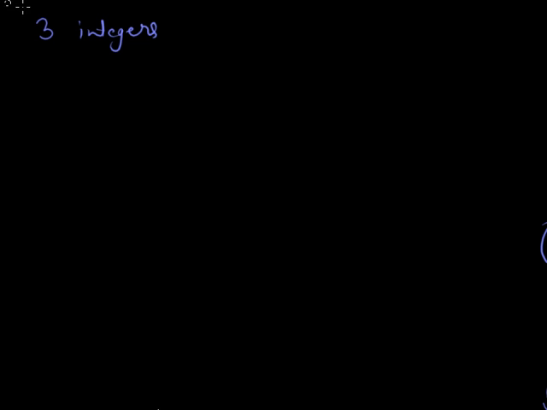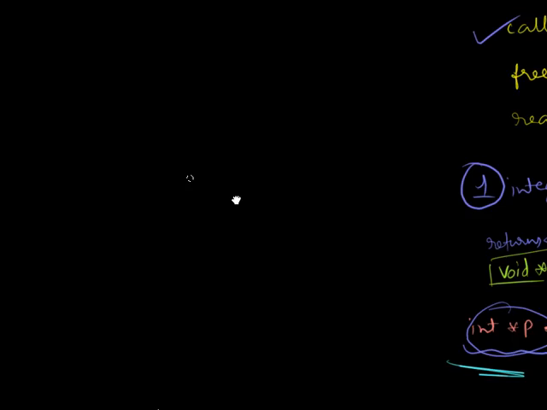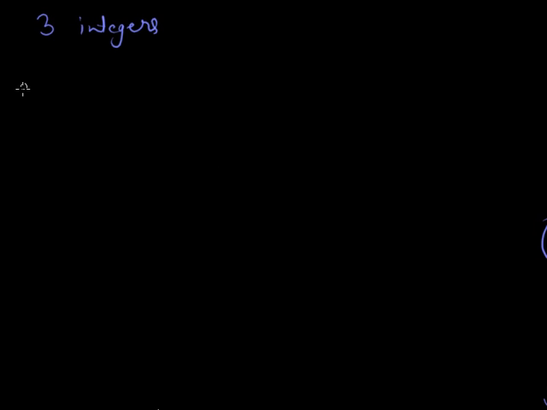You have already declared the pointer int star p, so just use this pointer. P equals, and you will have to typecast the void pointer returned by calloc or malloc into a meaningful pointer, which is int star for us because we are storing integers. So int star, and we allocate memory with calloc.